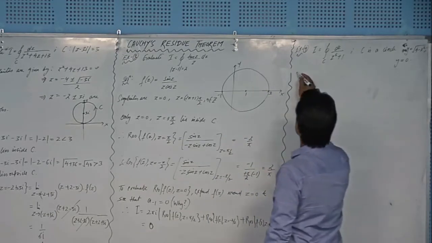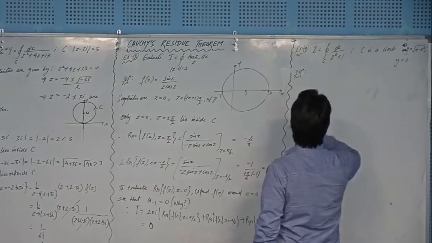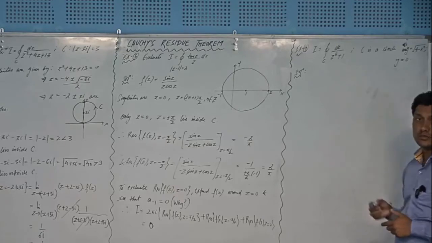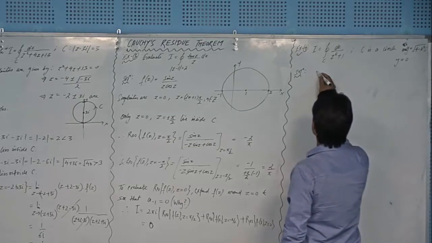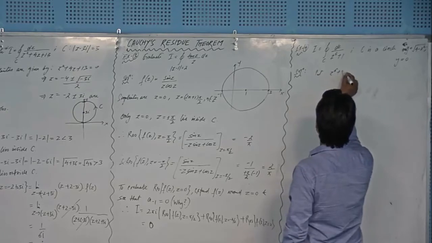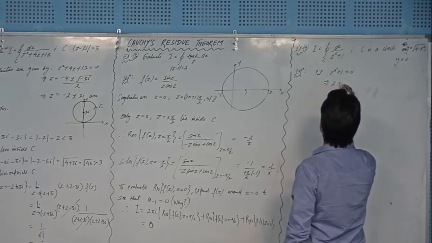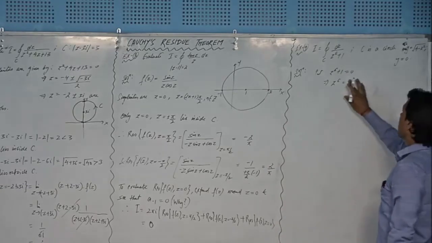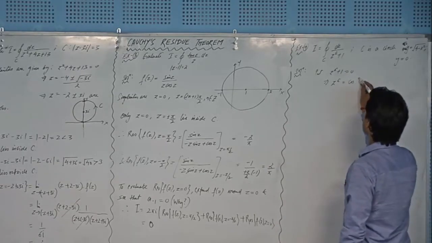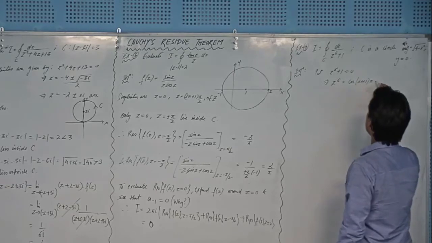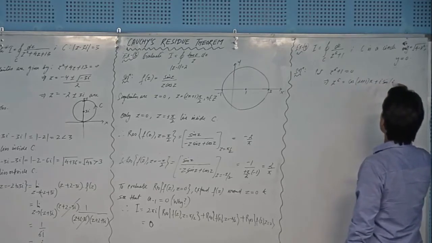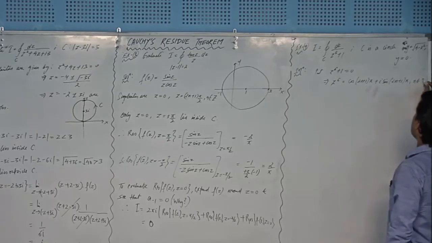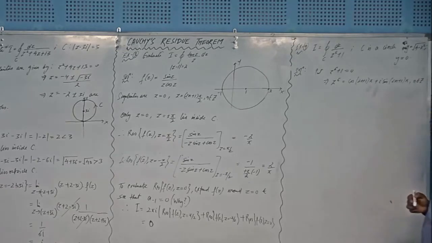Okay, solution. In order to find the singularities, you should put your denominator equal to 0, right? So put the denominator equal to 0, and you will get z to the power 6 equal to minus 1, right? And since this minus 1 can be written as cos (2n plus 1) pi plus i sin (2n plus 1) pi, where n is an integer, right?